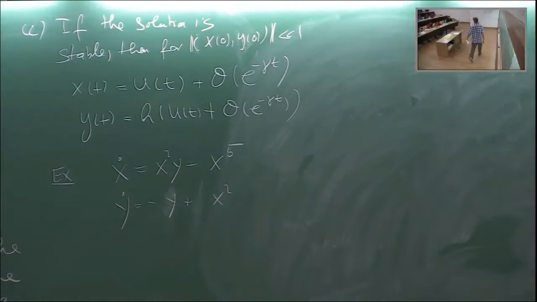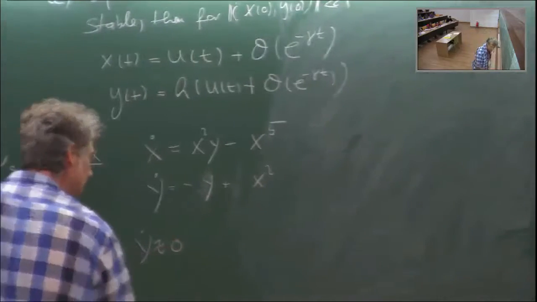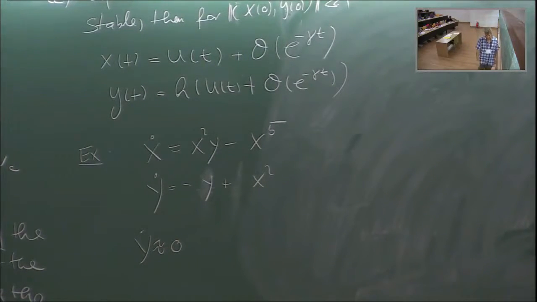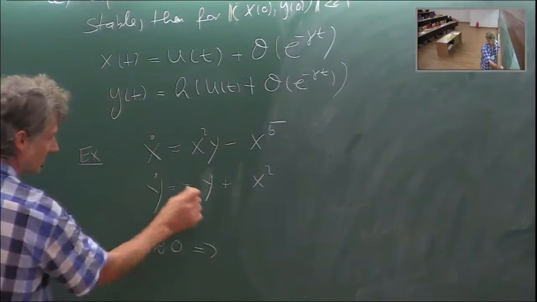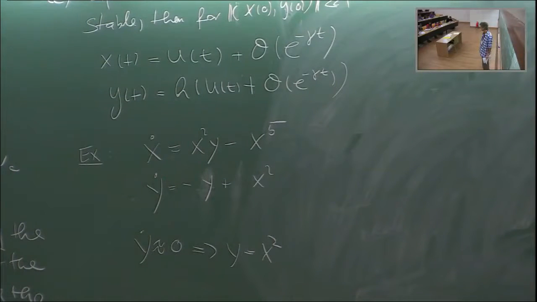On the center manifold, we have fast contraction towards it, and then it moves very, very slowly. So y dot is roughly 0, so y is x squared. Fast is the contraction, and slow is this.